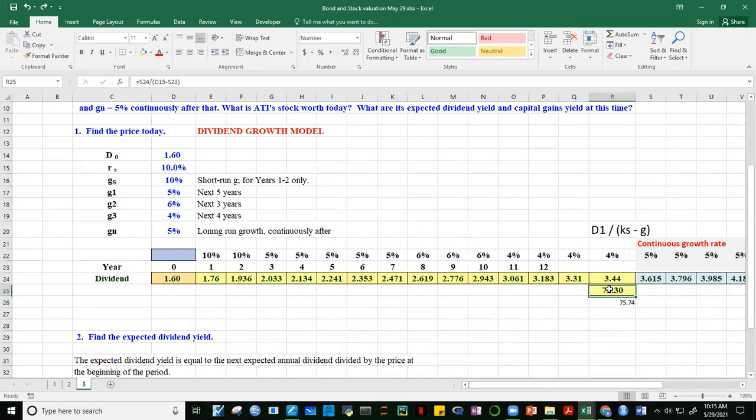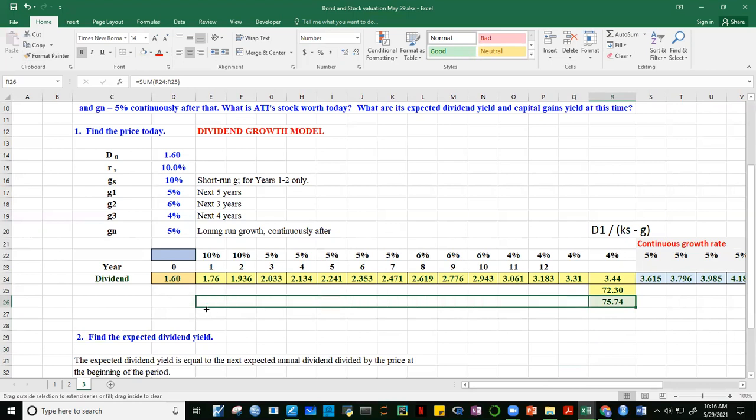Let's copy the format, and then we can now get the present value.